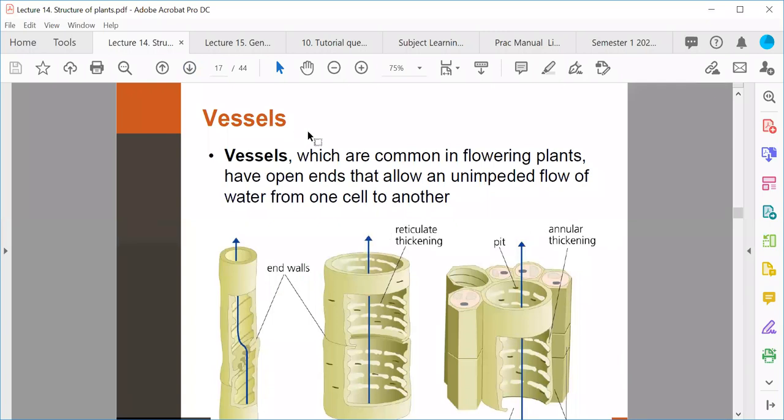Here is one of the major types of transport cells in the xylem, and these are called vessels. Vessel cells are common in flowering plants. Let's look at a vessel here. This is a young vessel element. Let me make that a little bit smaller so we can capture everything.